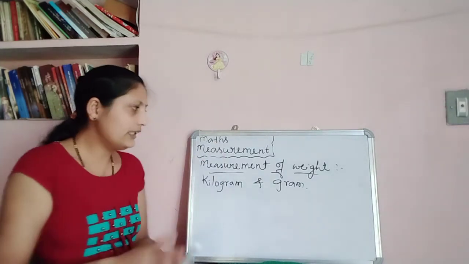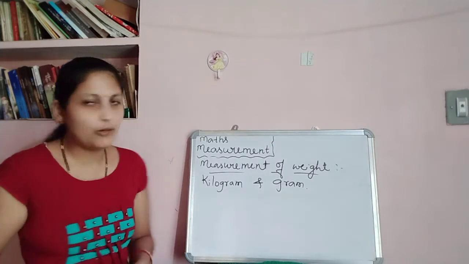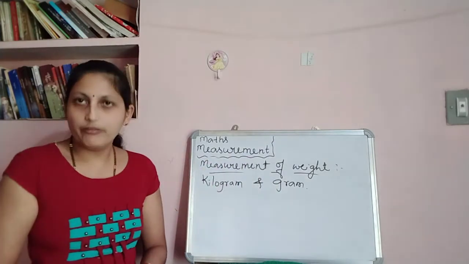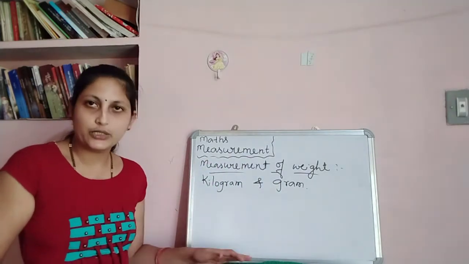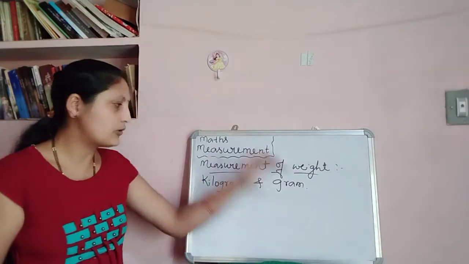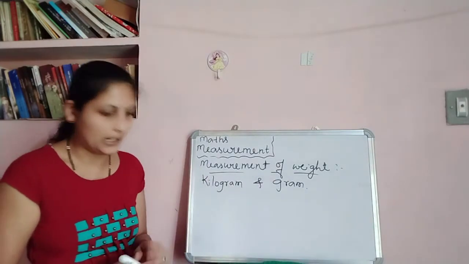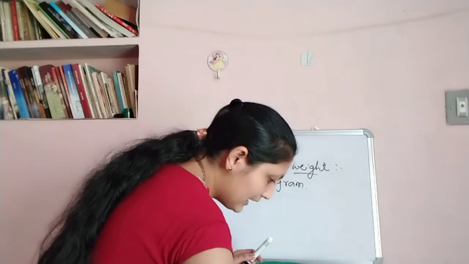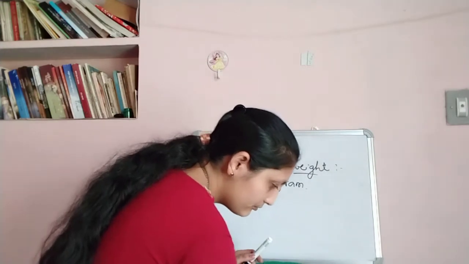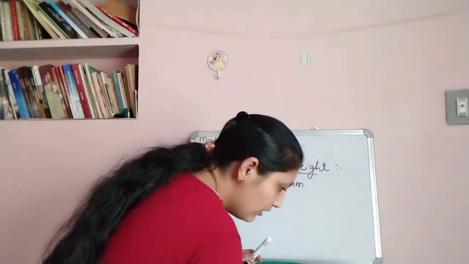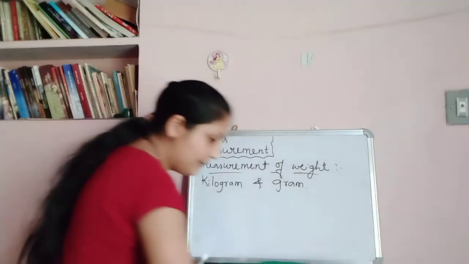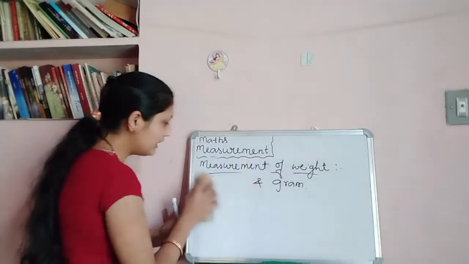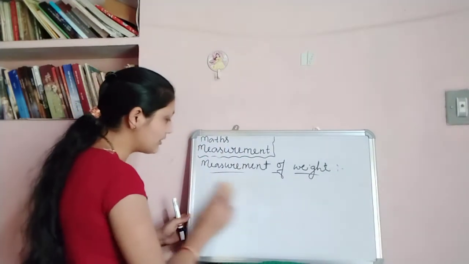So again in this chapter you are going to study about conversion of weight. Conversion of standard units of weight from kilogram to gram, from gram to kilogram. So first let us see converting kilogram and gram into gram.